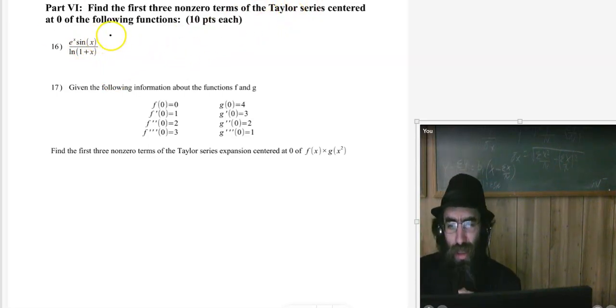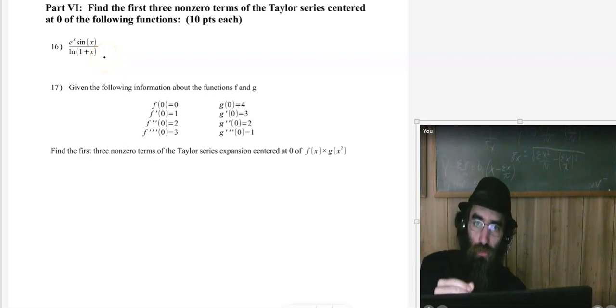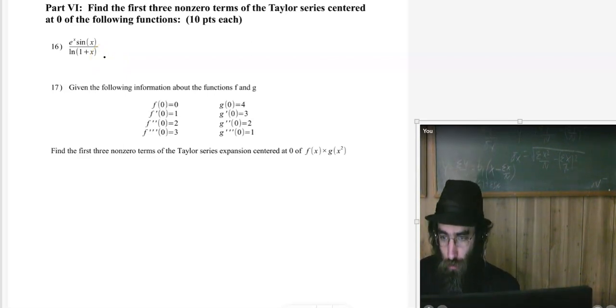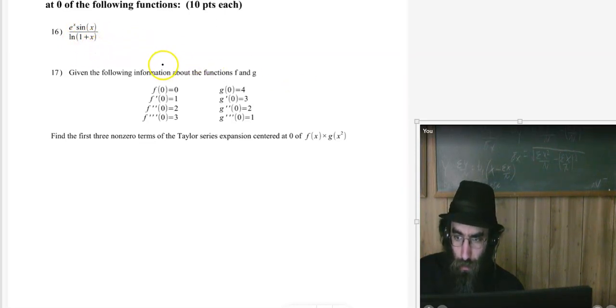Hopefully there's not a technical issue with that, because the function has a hole at 0. Perhaps I should have fixed that. But essentially you're finding an approximation for the function, so the hole itself doesn't really matter. I should have made this ln of 2 plus x, and seen what that did.